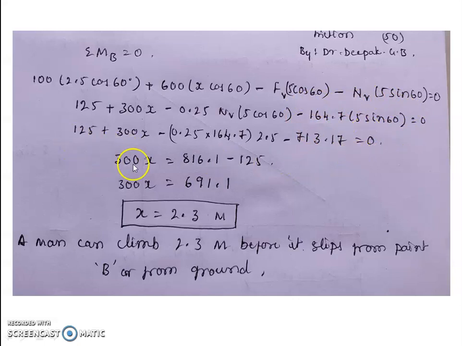After simplification it becomes 300x is equal to 816.1 minus 125. Then x works out to be 2.3 meters. So a man of 600 Newtons can climb 2.3 meters on the ladder before it slips. This is the distance covered by the man, that is 2.3 meters on the ladder.